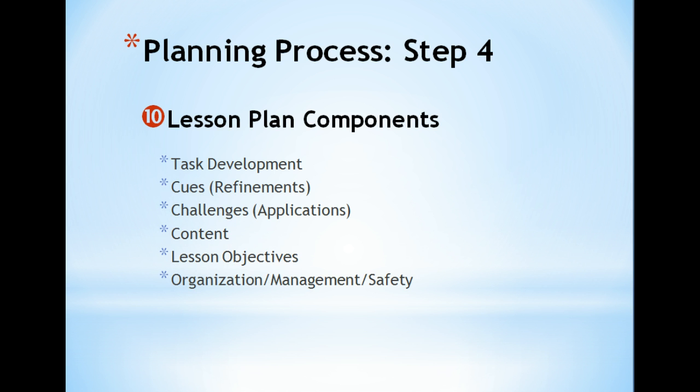In this part, you need to decide whether students are going to be practicing in pairs, in a square, on a circle, in general space, in groups of 3, by themselves, and also the organization is made up of several transitions between tasks in your lesson. In other words, how do you move them from the first task, practicing in pairs, to the second task, which is practicing in groups of 3, and how are you going to form those groups, and how quickly can you move them from one task to the other.